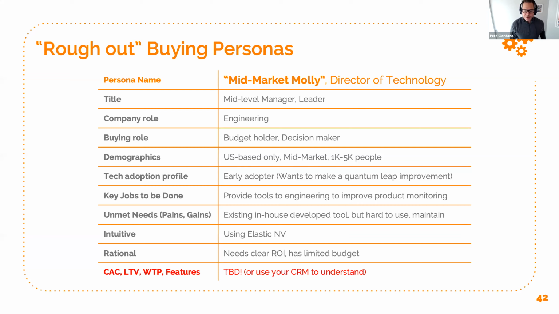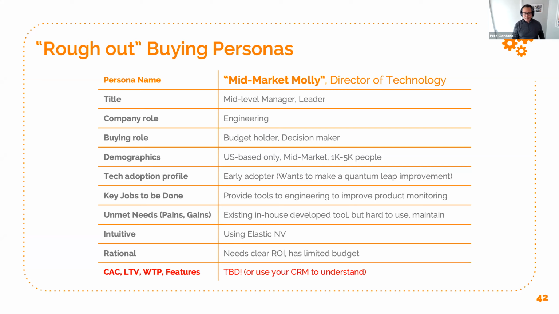So when you do that, you start building something that looks like this, right? And at this stage of the pricing journey, it's really about roughing out a buyer persona. For this example, I'm using a buyer persona by the name of Mid-Market Molly. She is a director of technology. What I've done here is provide a little bit of information, right? She's a mid-level manager, a leader, engineering, budget holder, and decision maker, right?